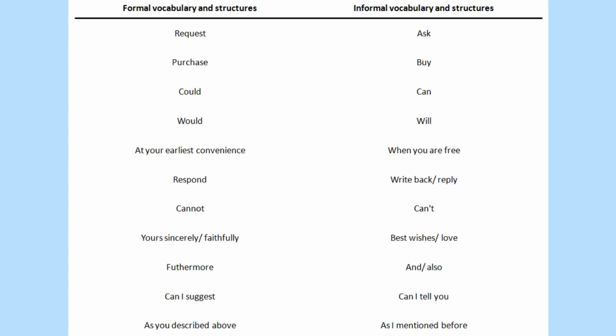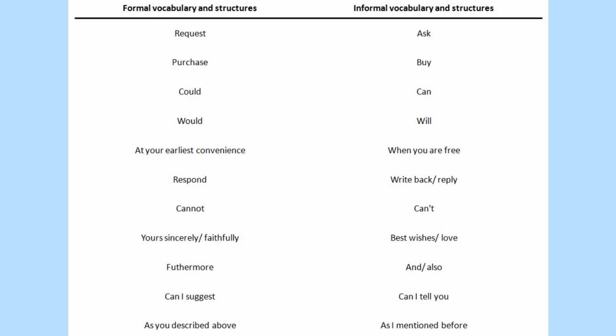Finally, let us see several common words in both formal and informal language. On the left side of your screen, you can see the formal vocabulary, and on the right side, you can see the informal vocabulary for the same word. The first one is request. It can be used as ask in informal language.